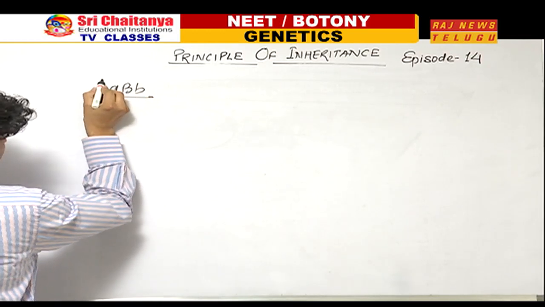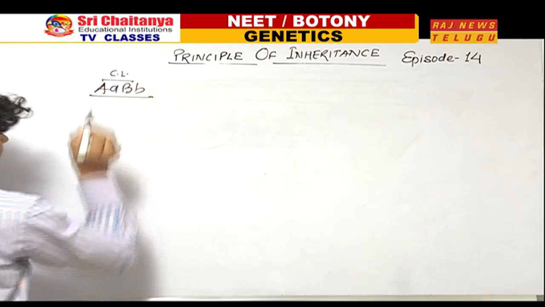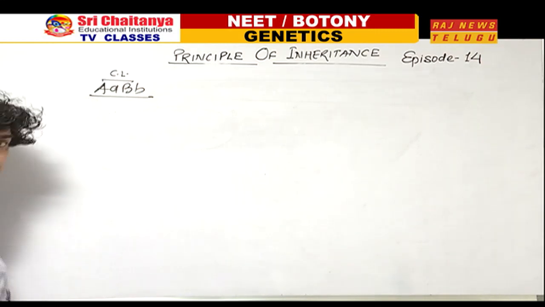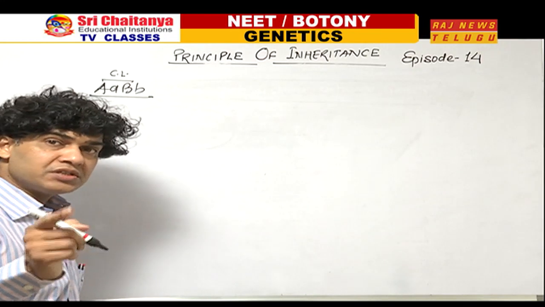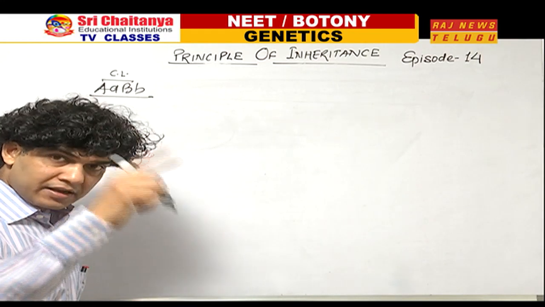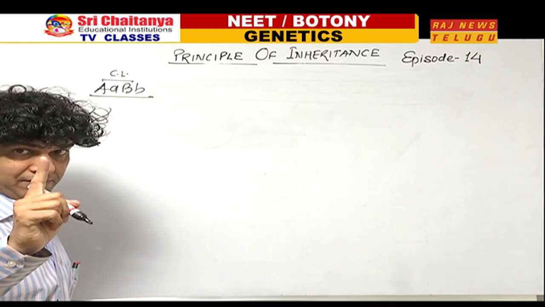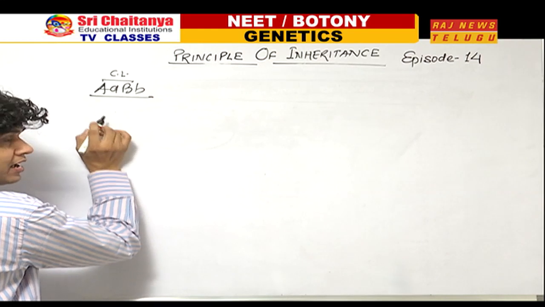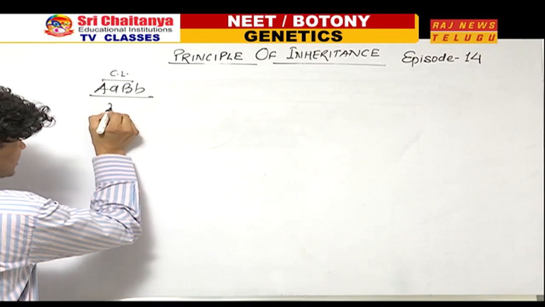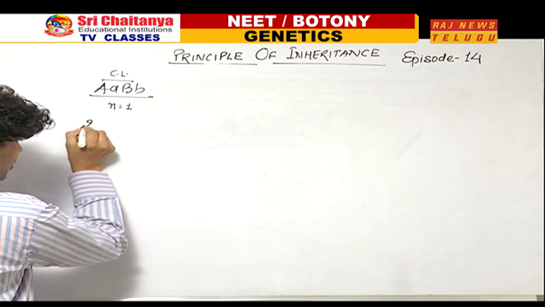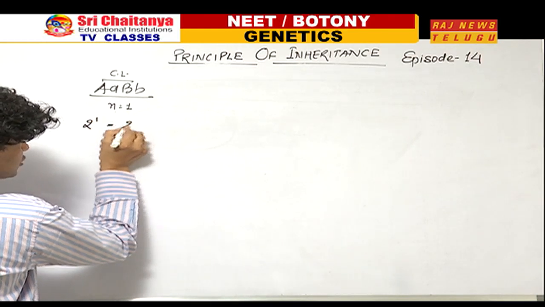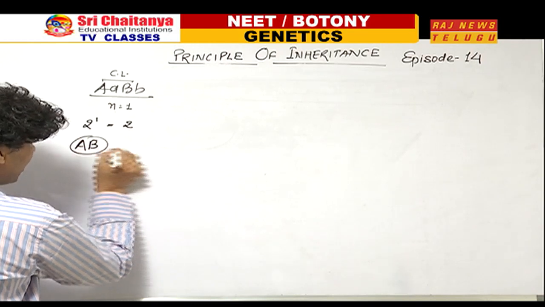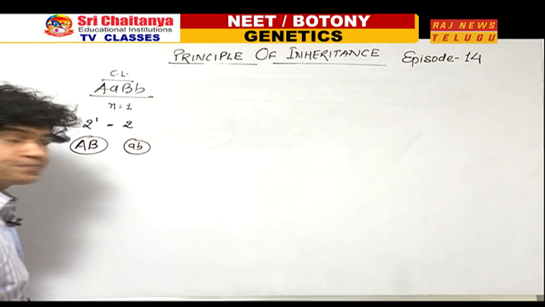If genes A and B are showing complete linkage, then rather than 4 types of gametes, it will produce only 2 types of gametes. Those genes which are linked together collectively represent one N. Here genes A and B are completely linked, meaning the value of N would be 1. 2 to the power 1 means 2 types of gametes, half capital A capital B, and half small a small b.